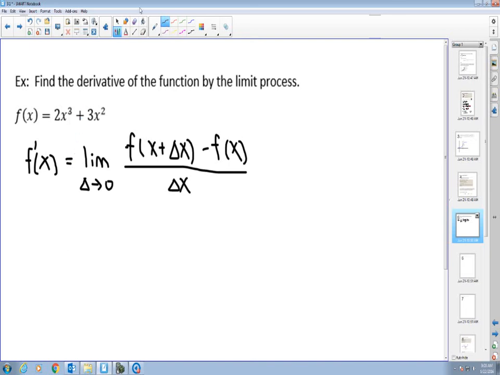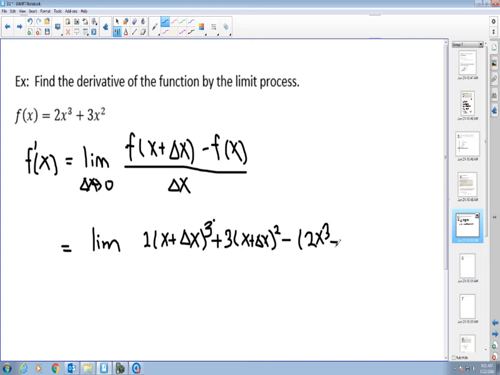When I first write it out, there will be the limit of 2 times x plus delta x to the 3rd power, plus 3 times x plus delta x squared, minus f of x, and this is f of x, so I will subtract 2x to the third plus 3x squared.